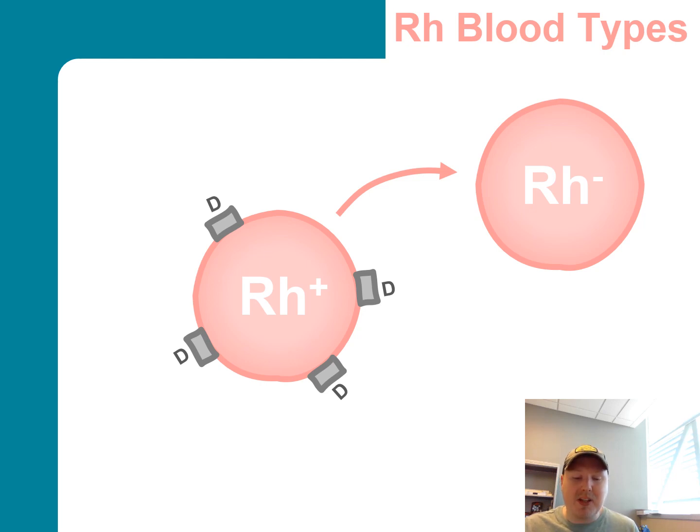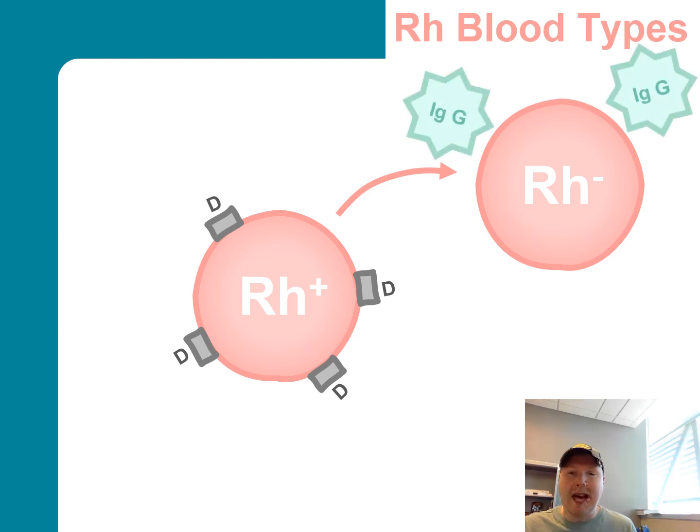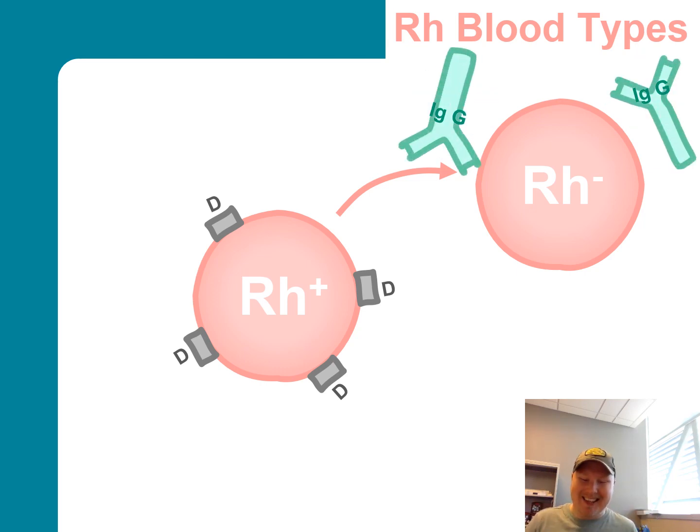But now, if they are exposed to rhesus factor antigen, seen as these small gray blocks in this diagram on the surface of the rhesus positive red blood cell, they will produce rhesus factor immunoglobulin type Gs. They will produce IgG antibodies. In reality, these are going to be Y-shaped molecules, like here, with a specific receptor for the rhesus factor present at the end of the immunoglobulins.